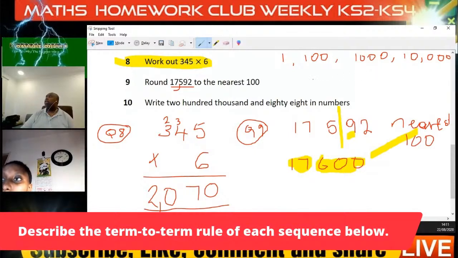That's 10,000. This is 100,000. I want you to look how many figures are in these. Can you see? We got how many figures here? 1.